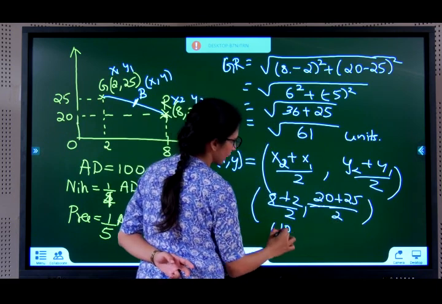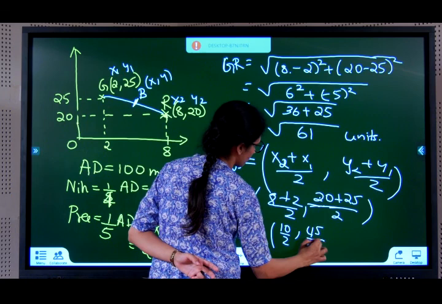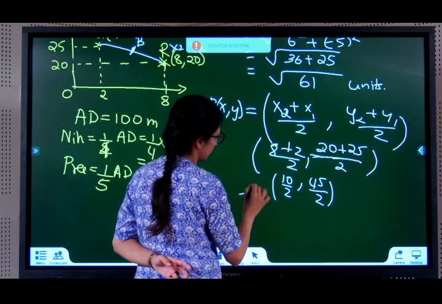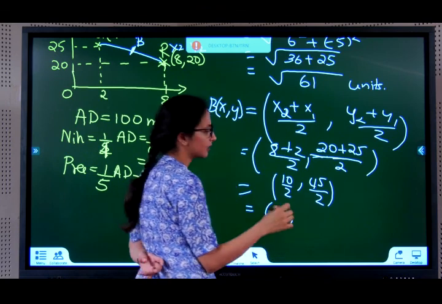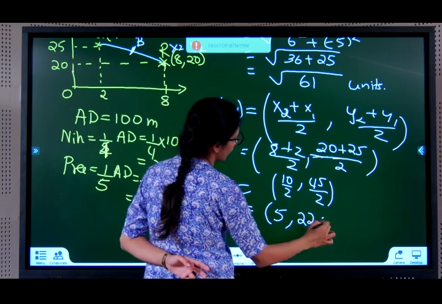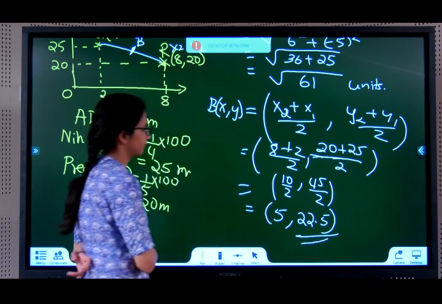That is 10 by 2, comma, 45 by 2. Rashmi places a flag on the fifth line at 22.5 meters.